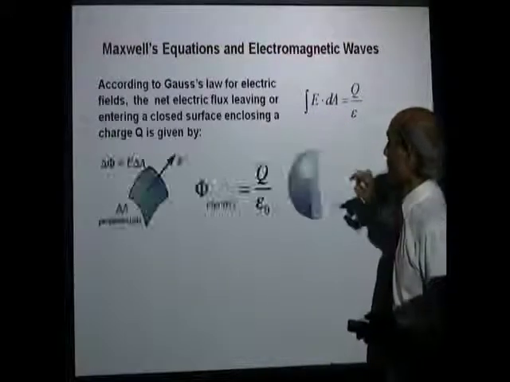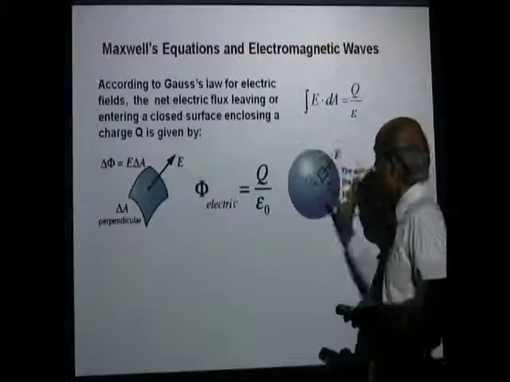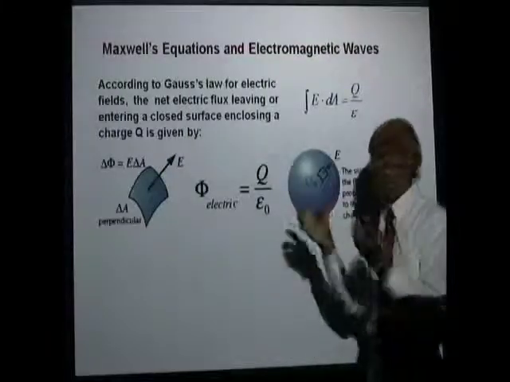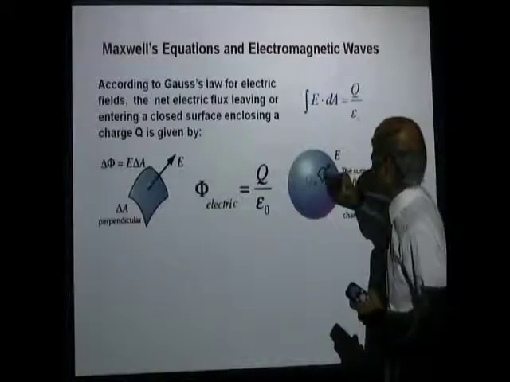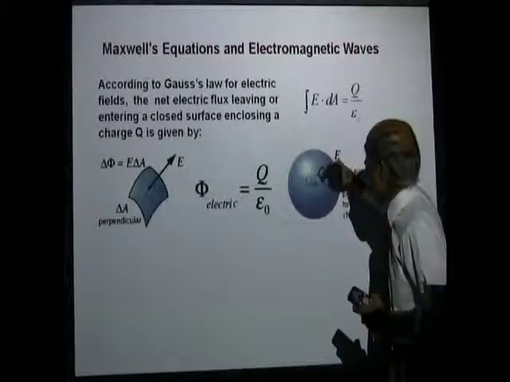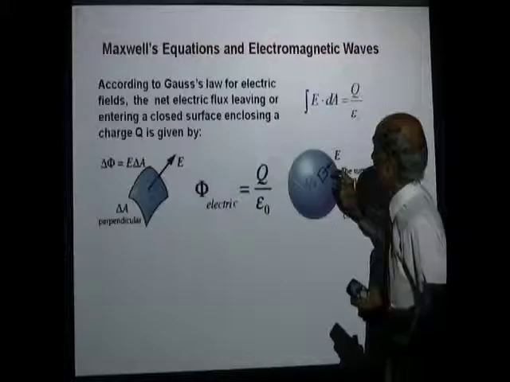E dA. Well, if you consider a surface, the E is the electric field at right angles to that surface, and dA is a very small area.